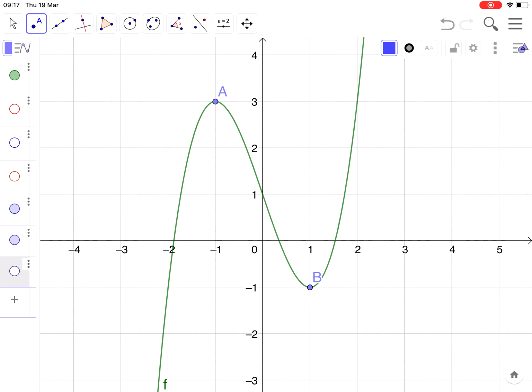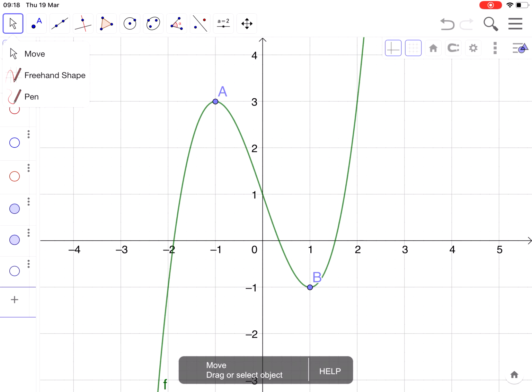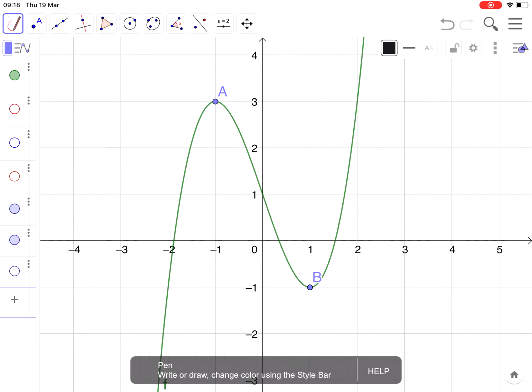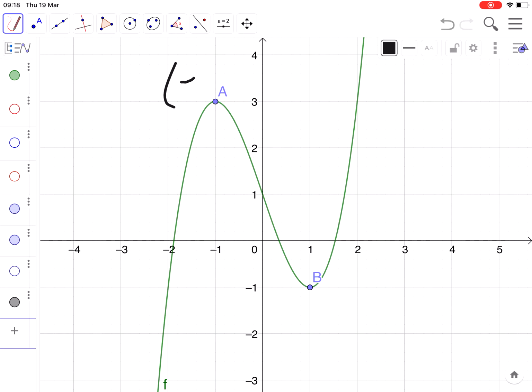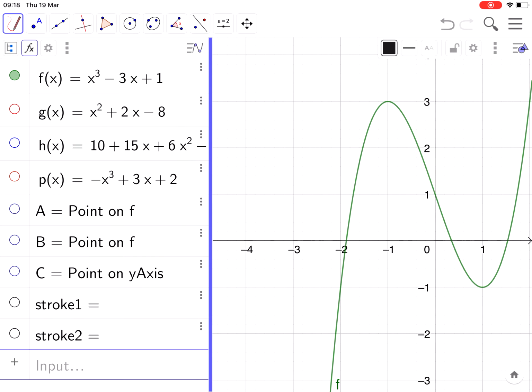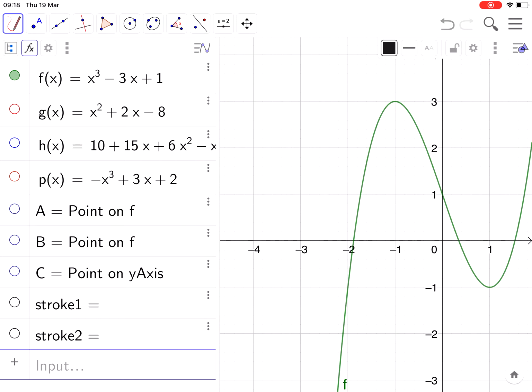Forget about that C for now. Okay, so that's it. They're the 2 points that I worked out. All right, so that's all those done. So that's question 1 complete. I'm going to go back and look at the rest in a second.